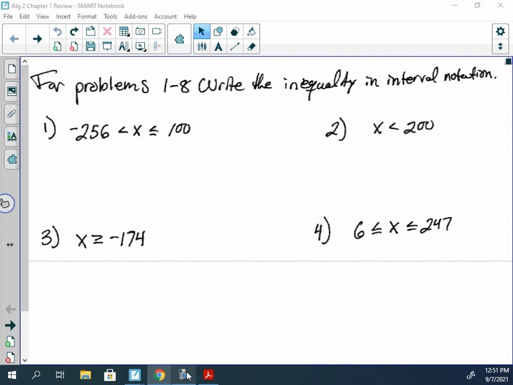So let's start with problems 1 through 8. Are there any questions on 1 through 8 or how to look at these, or one that we want to look at in particular? I handed it out on Thursday.